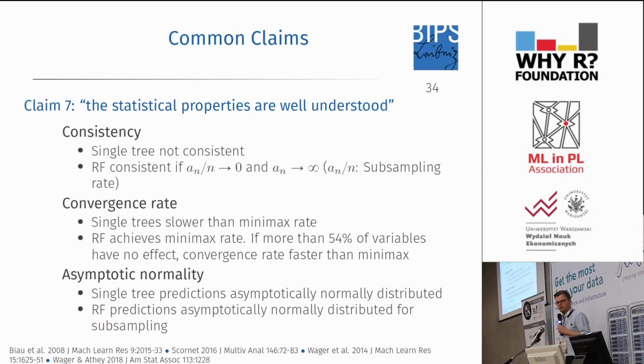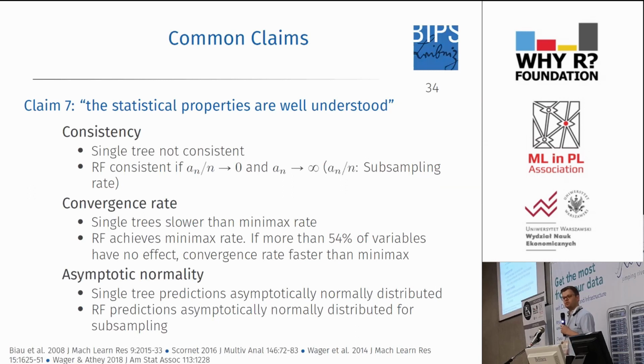You also have results for convergence rate. Interestingly, as in the second sentence here, more noise even reduces the convergence rate. I don't really know how this is possible, but they showed that it is.